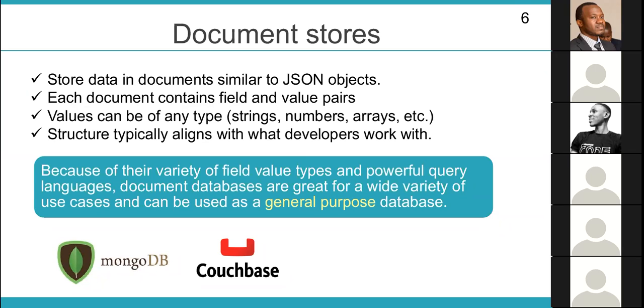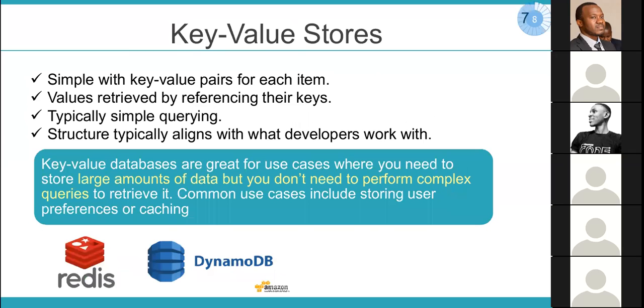Some of the examples of document stores are MongoDB and Couchbase. We shall be using MongoDB in this course for practical work, but Couchbase is another example of a NoSQL document store.